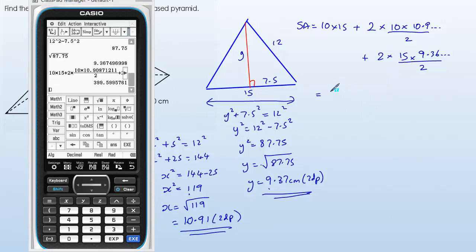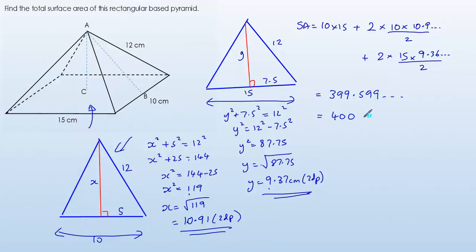So that's 399.599 and so on, which I'm going to say is 400, and the units would be centimetres squared, correct to the nearest square centimetre.